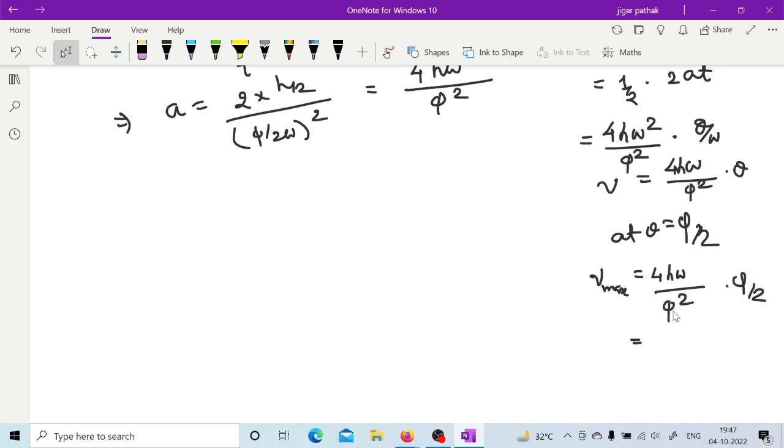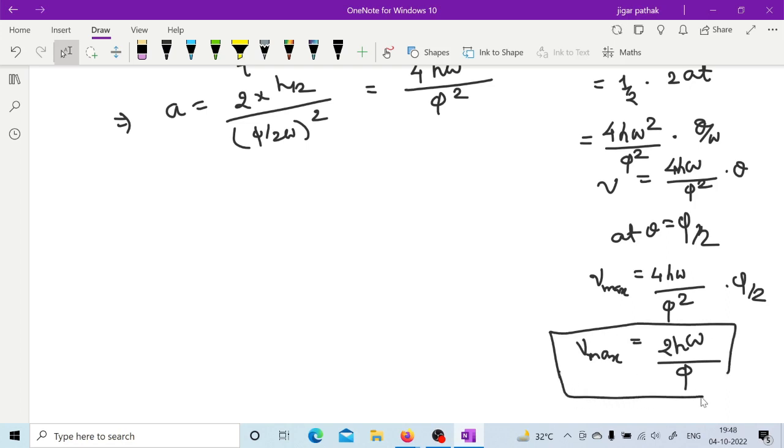So this is how you get 2h omega upon phi. This is v max in case of the constant acceleration and retardation follower motion. So this is how you have the velocity and acceleration in case of constant acceleration.